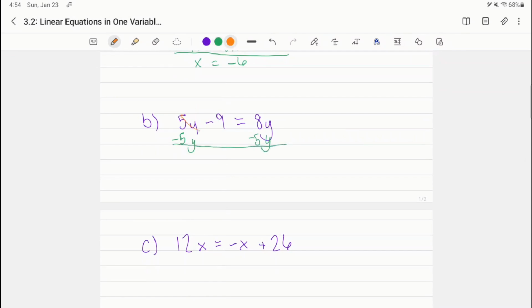So the 5y minus 5y cancels out, and we're left with negative 9 equals 8y minus 5y, which is 3y. And then we divide by 3, so that the 3's cancel out. And negative 9 divided by 3 is negative 3, so negative 3 equals y.